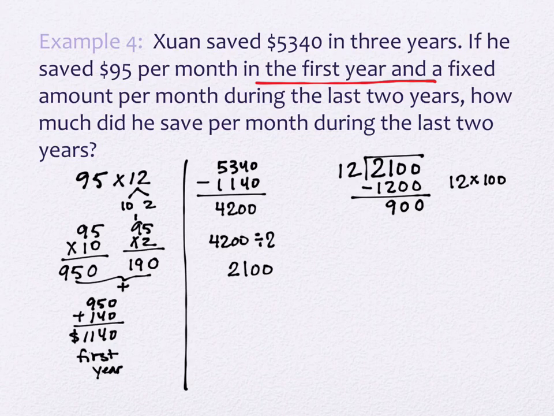Can I subtract 1,200 again? No. So what would I subtract next? 12 times 10, which is 120. And we're going to have to do that one quite a few times. So this one would be 780. And I'll do a 120 again, which would be 660.